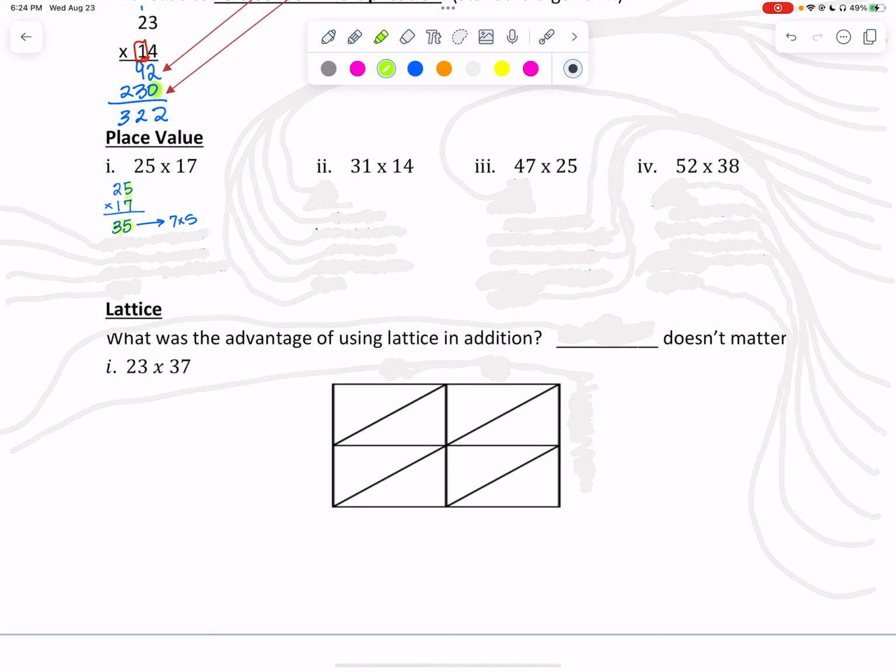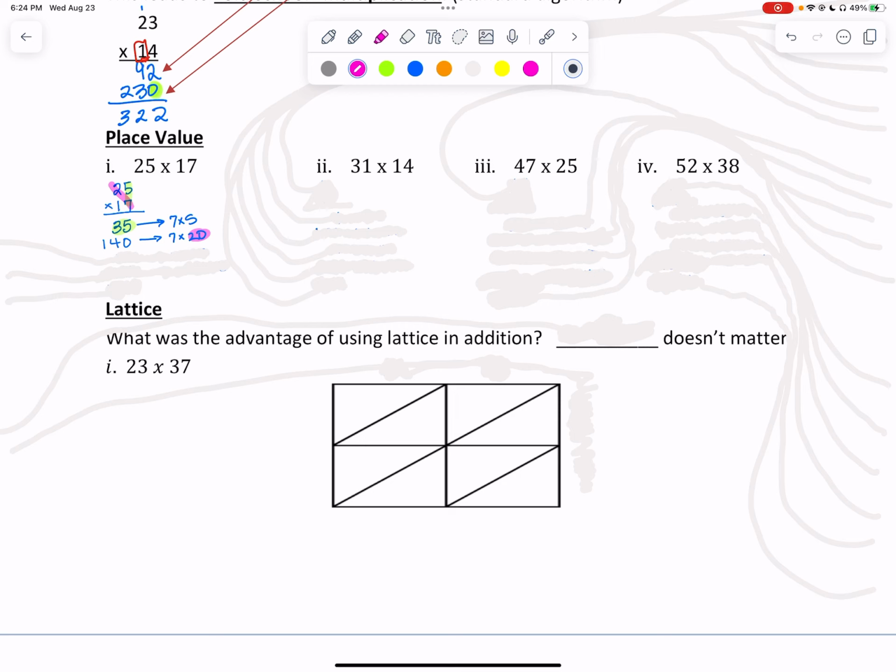So that gives me 35. Notice I did not regroup and trade or carry a 1 or carry a 3. Then we do the same thing with my 7, but this time I'm multiplying my 7 by 20, not 2, but 20. So I get 140. Notice I did not regroup and trade or carry a 1.